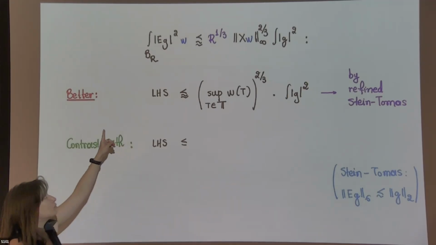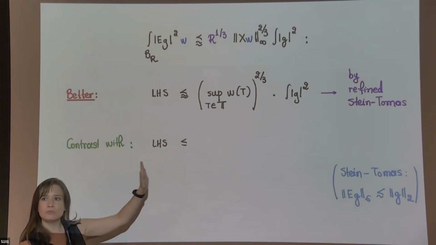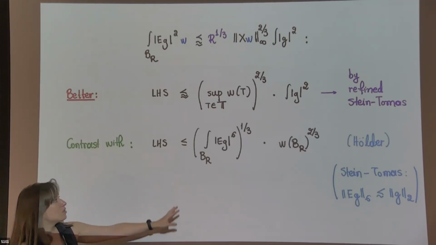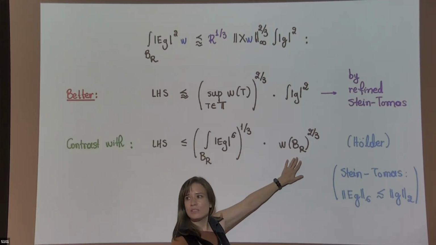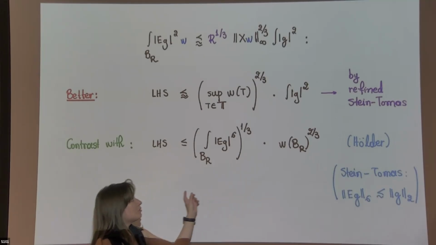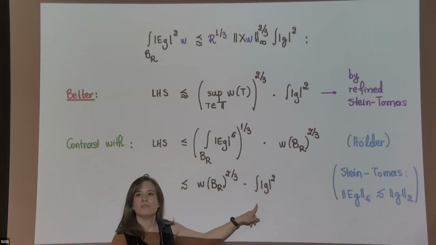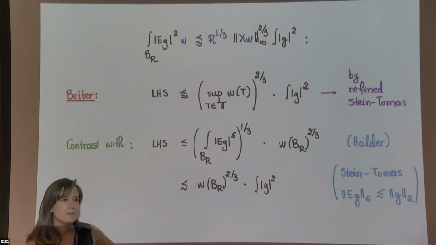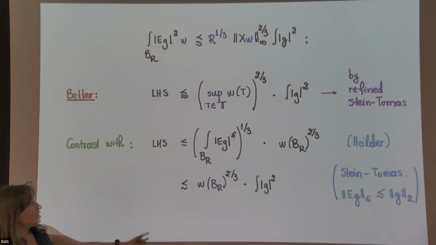We have a 2 norm, so we want to take the left-hand side and use Hölder to move towards the 6 norm. So that's what we do here, and we get a loss that has to do with the size of the weight in our ball. And that is a loss that we bring to the front, that will be the loss, and the remaining bit is controlled by the 2 norm of the initial data, that is simply restriction. That's Stein-Thomas. So here is the difference.